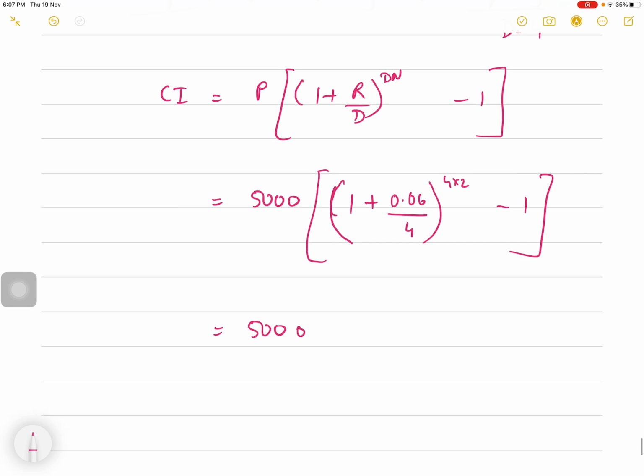So 5,000 into 1.015 raised to 8, minus 1.